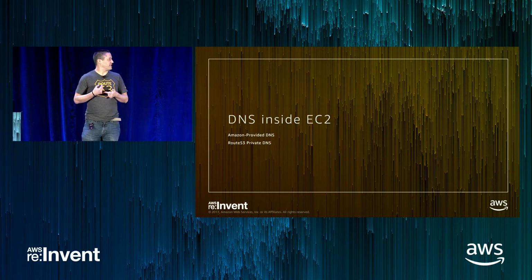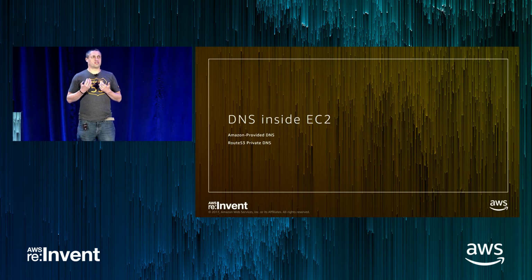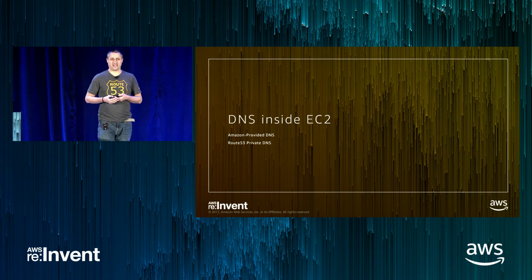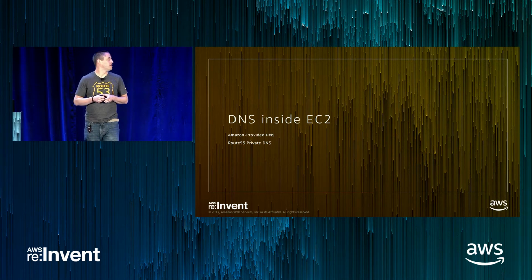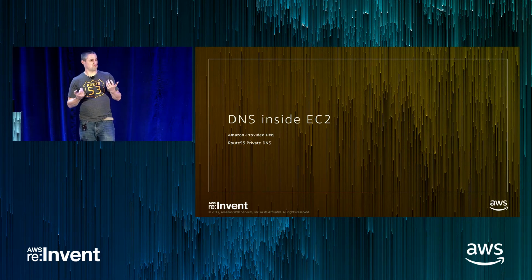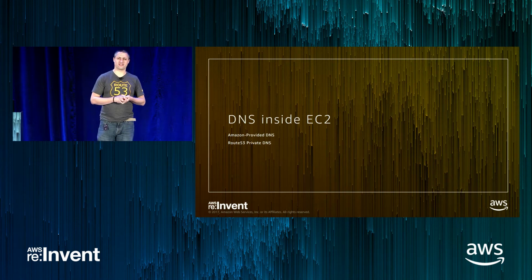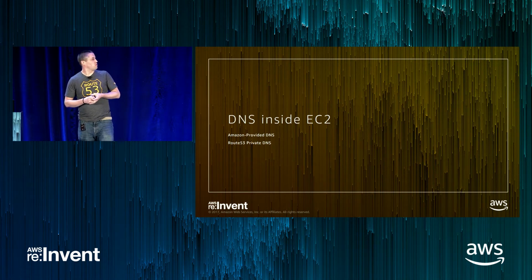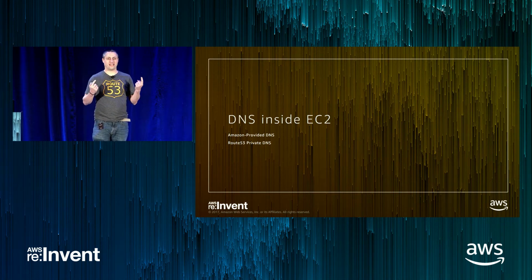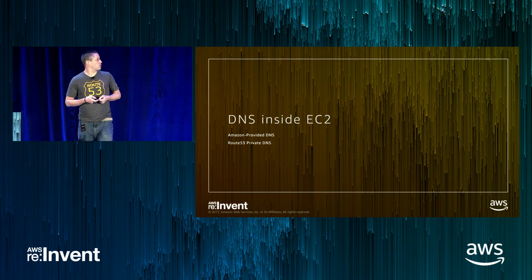So I mentioned DNS inside EC2. You don't necessarily always want to put all your DNS records in public DNS. If they're private records, why would you want to tell everyone on the internet, including every nefarious individual, what your DNS structure is? So inside EC2, if you need DNS records to allow your services to connect to each other, that's no problem.